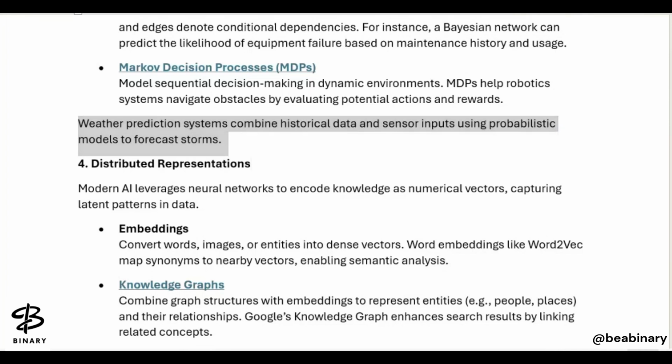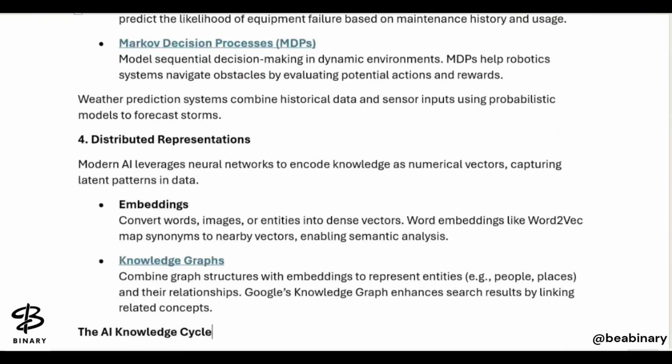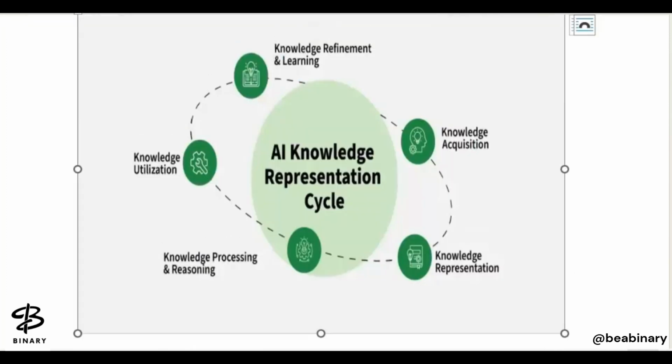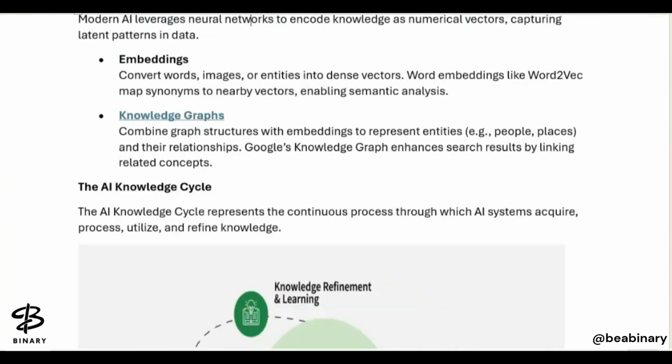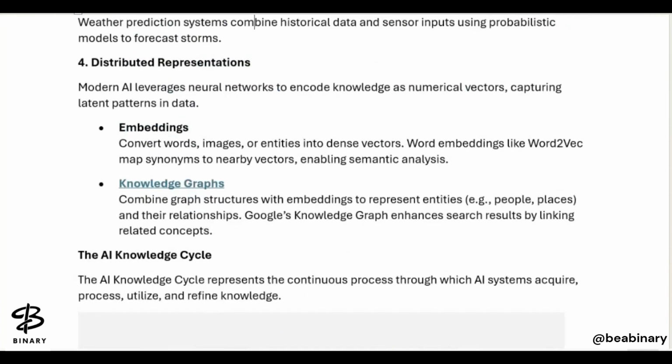Now, what is the distributed representation? When we are talking about different knowledge representations, now this is the distributed representation, which we are using for big data also. Modern AI leverages neural networks to encode knowledge as numerical vectors, capturing the latent patterns in data.